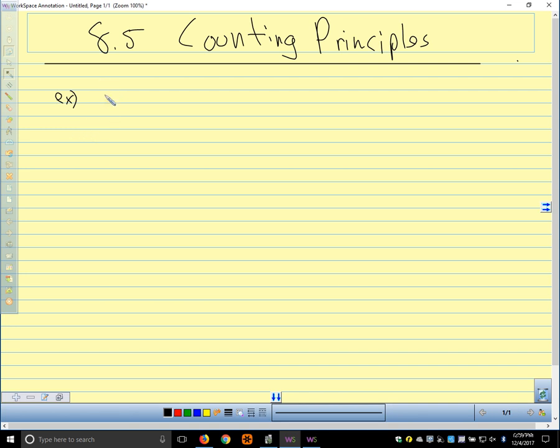A typical problem that has to do with counting, and next class we'll talk about counting and probability, is we have an urn, like a big flower pot, and inside this urn are balls numbered 1 through 6. So like the lotto thing, sort of.